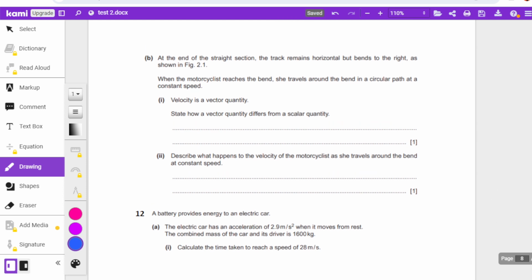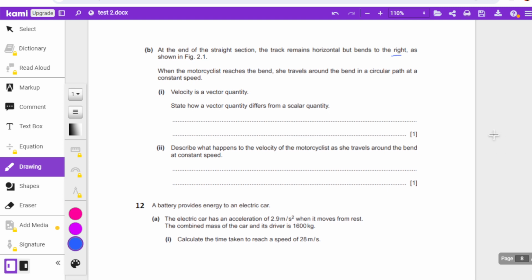At the end of the straight section, the track remains horizontal but bends to the right, as shown in figure 2.1. When the motorcyclist reaches the bend, she travels around the bend in a circular path at a constant speed. Velocity is a vector quantity. State how a vector quantity differs from a scalar.